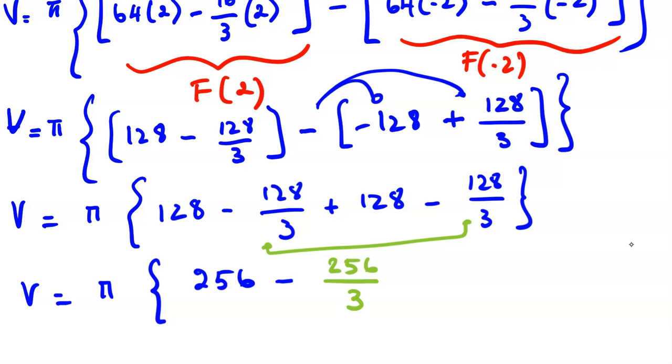Okay, so everyone can use a calculator and do this at the same time with me. Okay, so I should have this equal to 512 over 3, and multiply by pi.